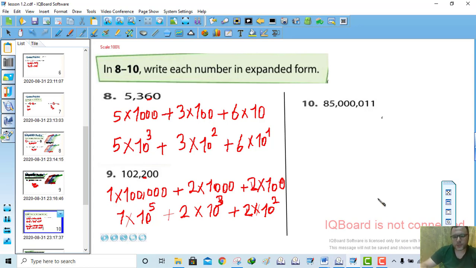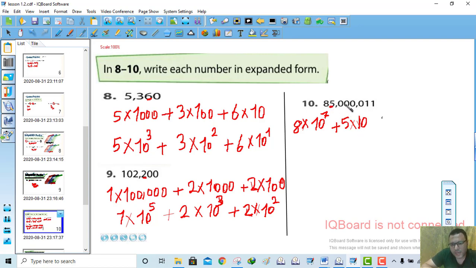Now question number 10, we have 85 millions and 11. So as you see, the 8 should be multiplied by, yes, 10 million. So 10 million here, count just how many, 1 2 3 4 5 6 7, so it's 10 to the power of 7, plus the 5 multiplied by 10, yes, here the 5 in millions place.